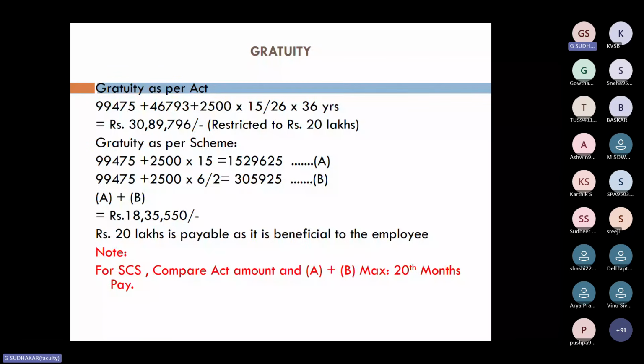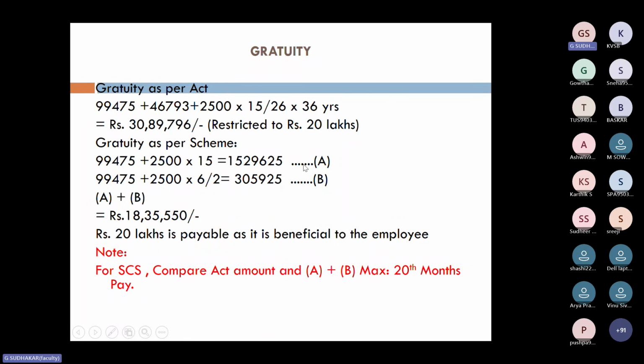Gratuity as per Act, gratuity as per scheme. You have this one, no? Above the formula, something about half of the basic was written. Here, gratuity as per scheme, there are two components. One is A, another is B.